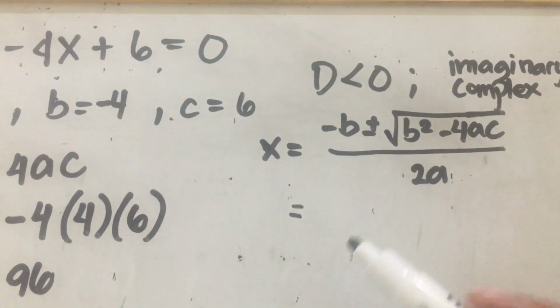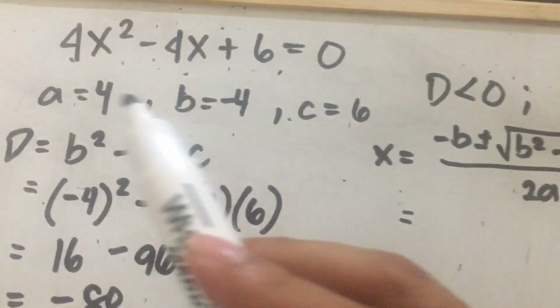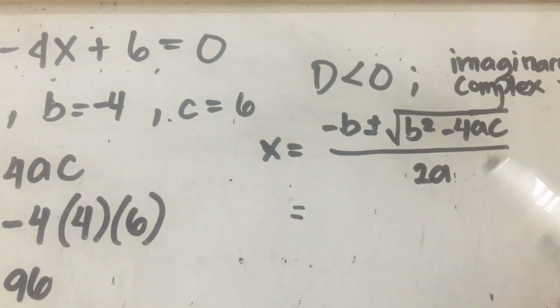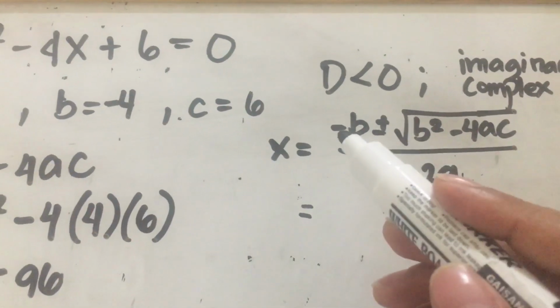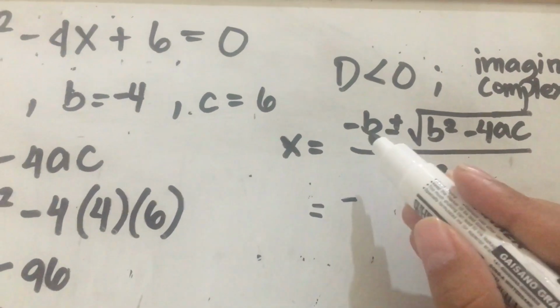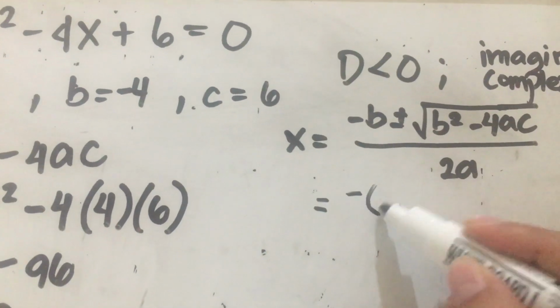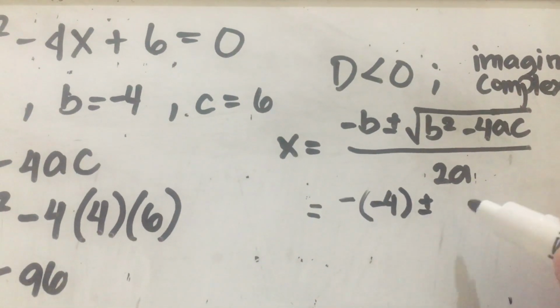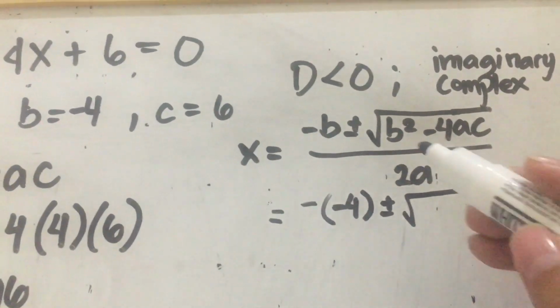Now, since we already have the values of a, b, and c, we just simply substitute them into our formula. We have negative, the b is negative 4, positive or negative, the square root of b squared.